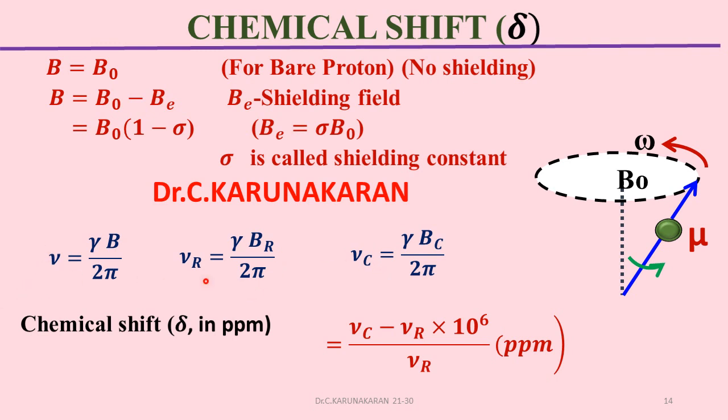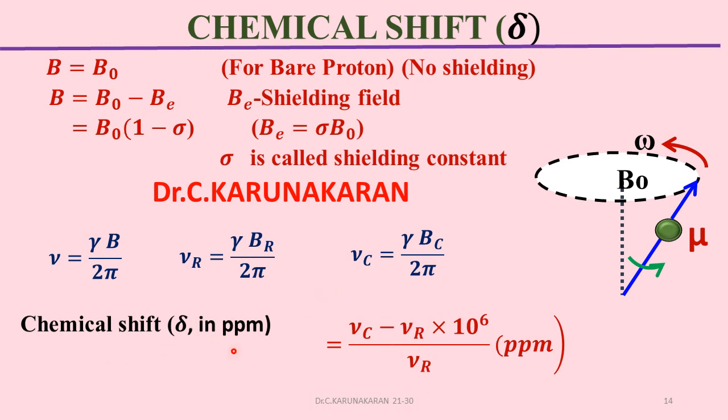This is the relation between the NMR frequency and the applied magnetic field strength B. So B R is the field felt by the nuclei in the reference compound, nu C is the resonance frequency of the compound nuclei, and B C is the magnetic field felt by the nuclei in the compound.